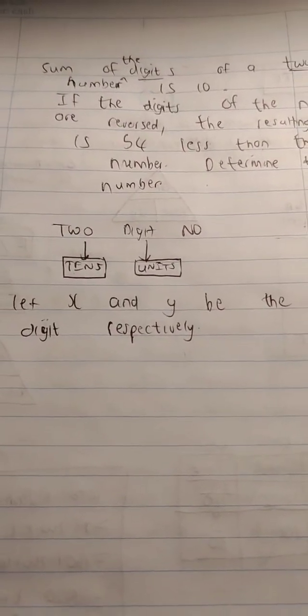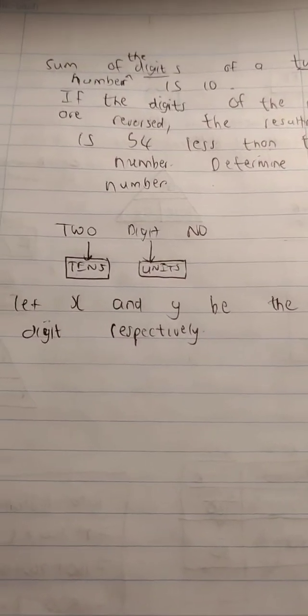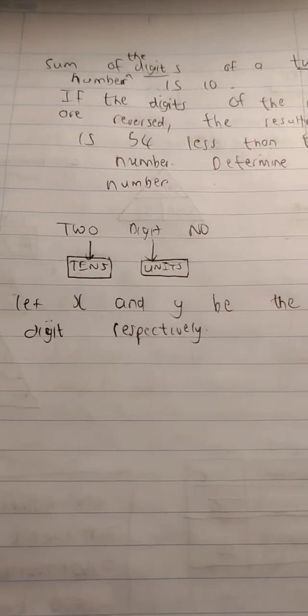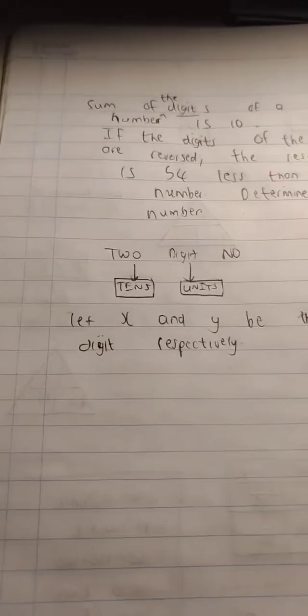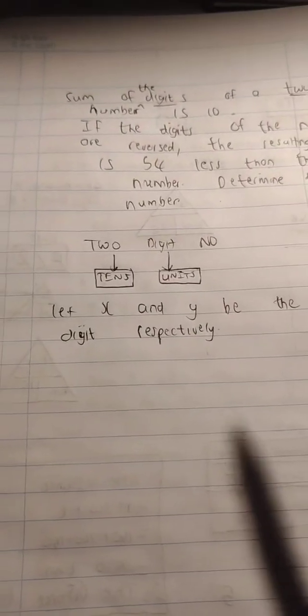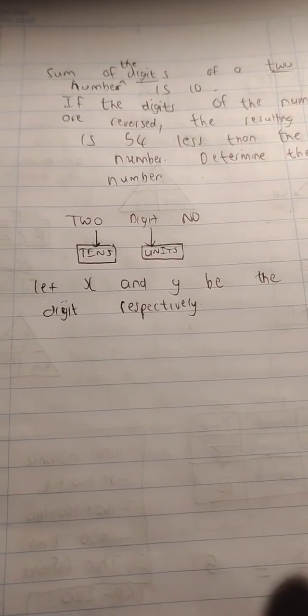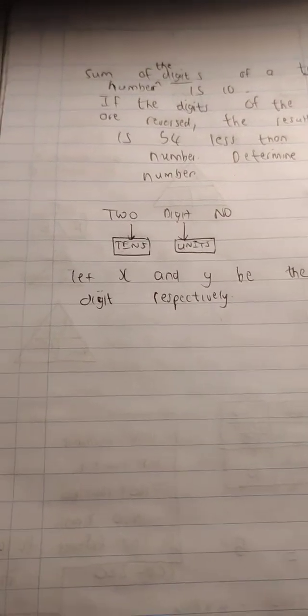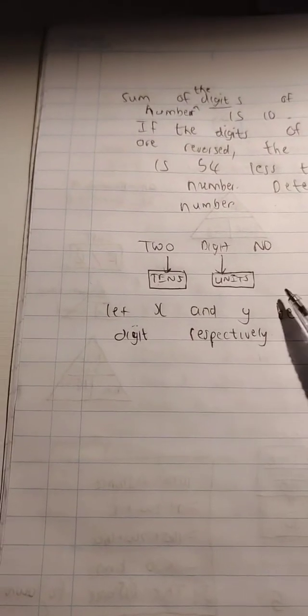If they are the same, they should have explicitly told us, and in that way we would have let both the tens and the units number be x, or both be y. I hope that makes sense. Now, let us continue.